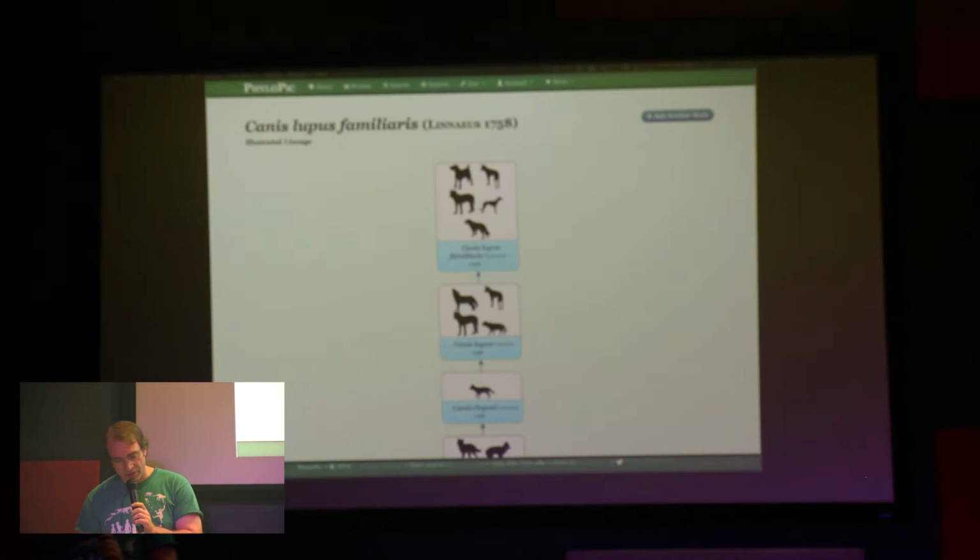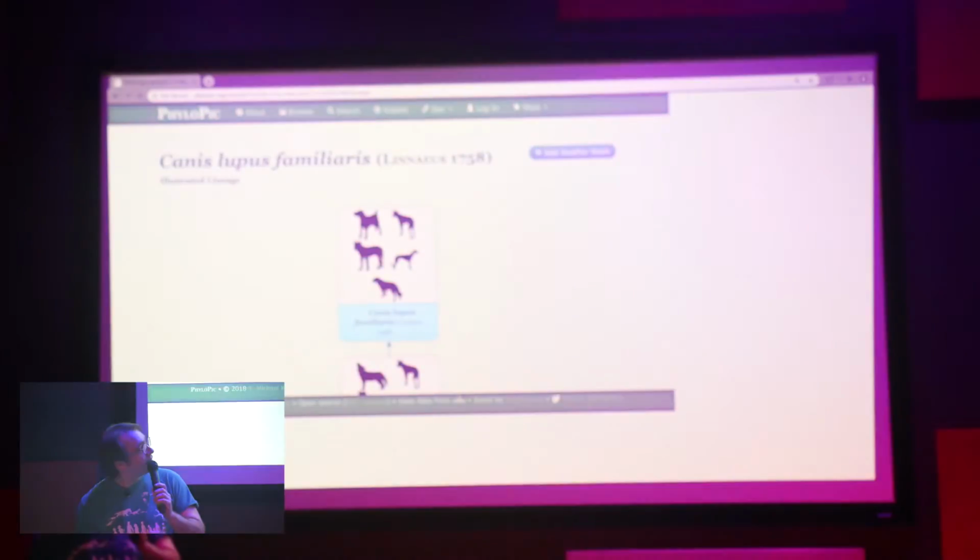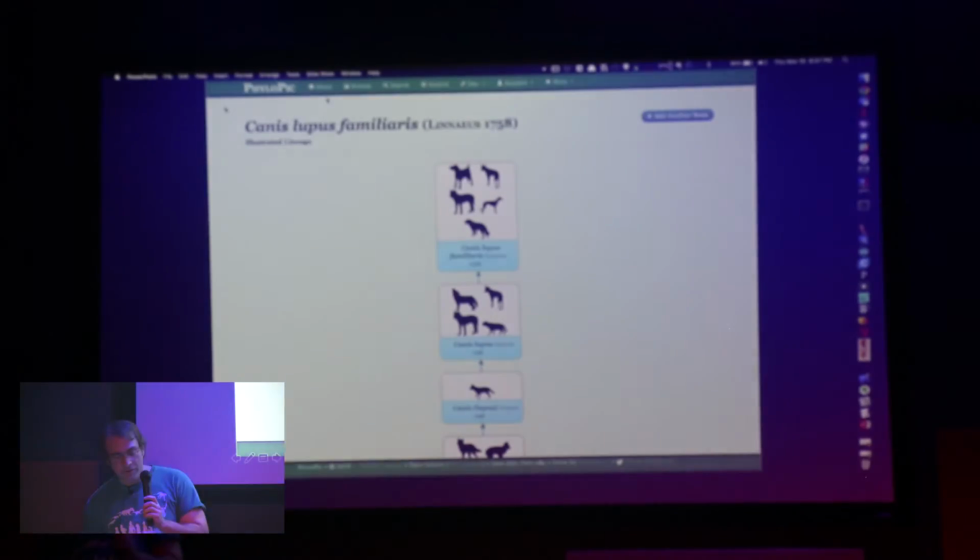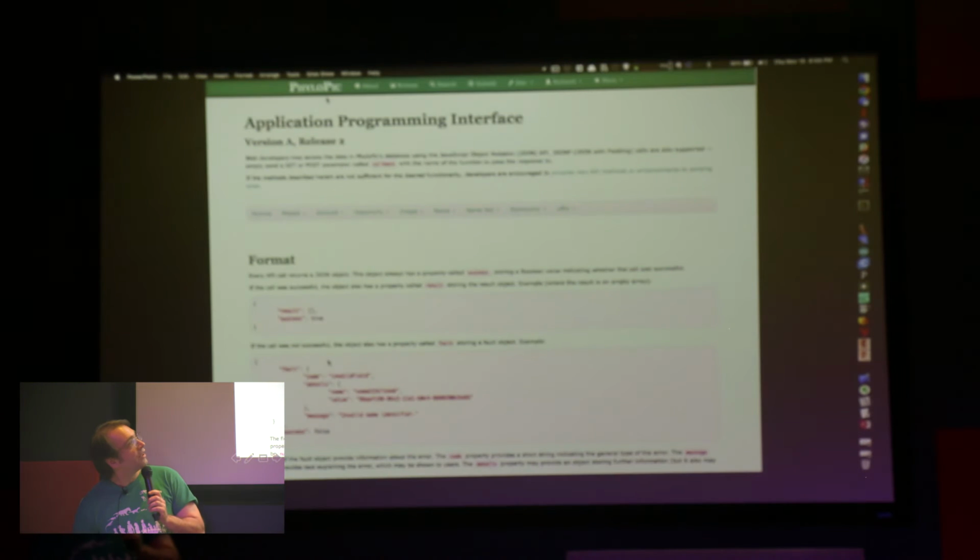Is it working? It is scrolling on my screen. It's not working? Hold on a sec. Let me fix that. It's probably PowerPoint. You can try Command F1. There we go. Whoa.